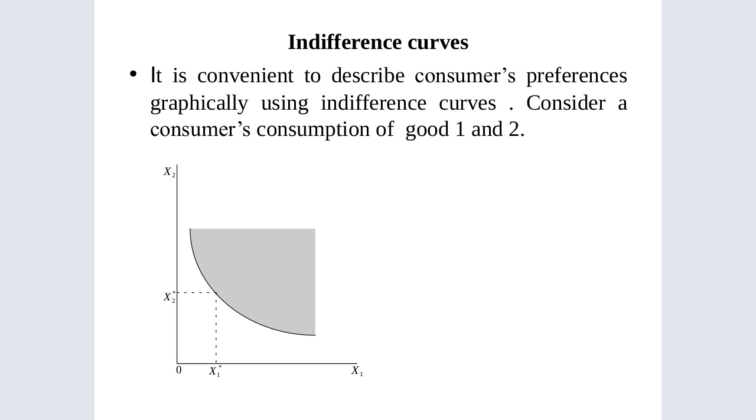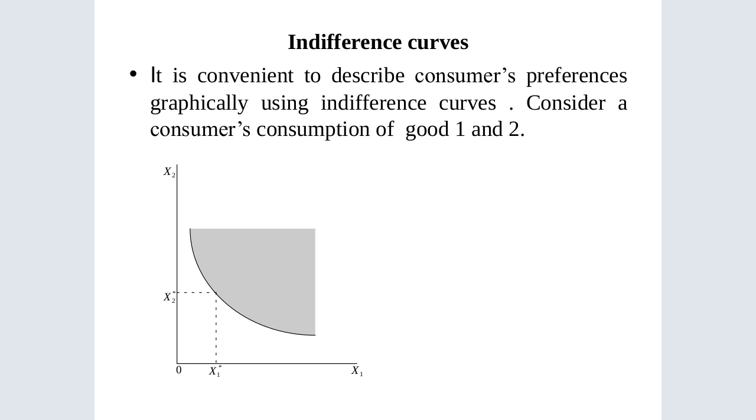Now, those are the assumptions that guide the consumer preferences. Now we can analyze the consumer preferences in terms of the indifference curves. It is convenient to describe the consumer preferences graphically using indifference curves.